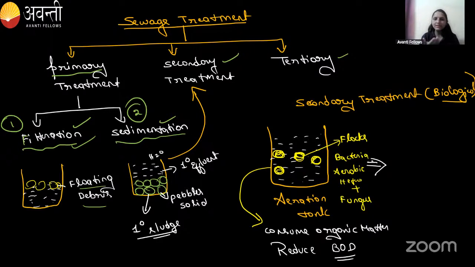Sediment, as the name says. The sedimented material, sand and pebbles and all the things, we call the primary sludge. Remember this. Which is lower, below, settled down, we call the primary sludge.